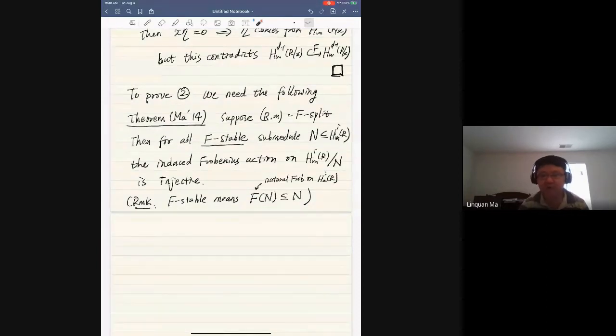If you take N to be 0, then it's precisely saying the Frobenius action on H^d_m(R) is injective. That's the F-injective condition. But the theorem says if R is F-split, then you have a slightly stronger statement: not only is the Frobenius injective on H^d_m(R), it's actually injective after quotienting out by any F-stable submodule of H^d_m(R). Okay.